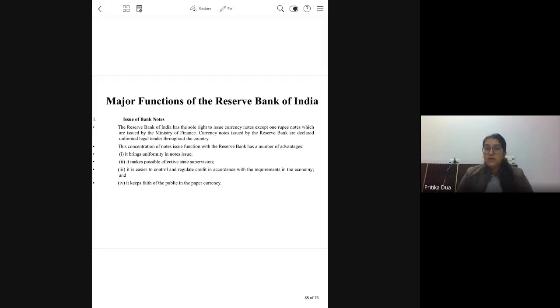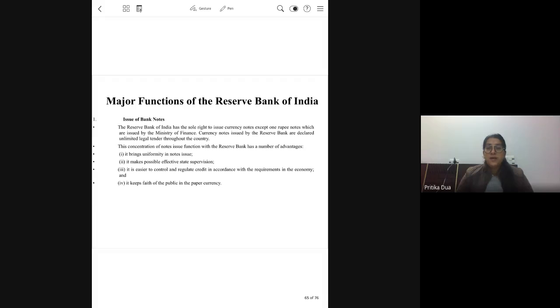Obviously, currently 10,000 is not being printed, but there was a time when 10,000 rupee note was also in circulation. But then again, demonetization took place and 10,000 was removed out of circulation. Okay, so RBI is issuing bank notes.